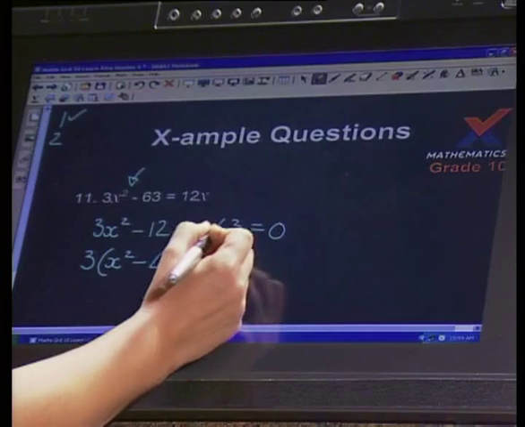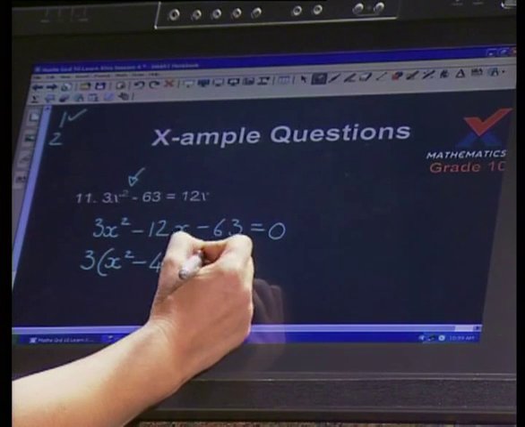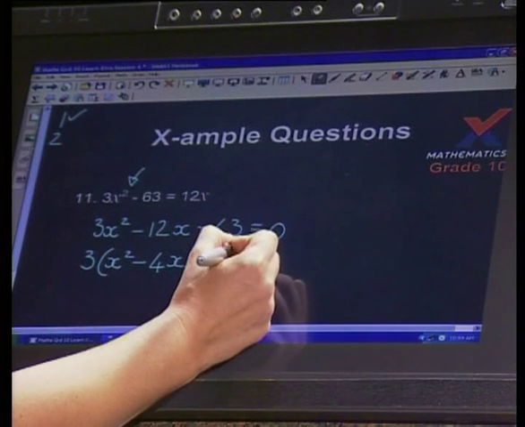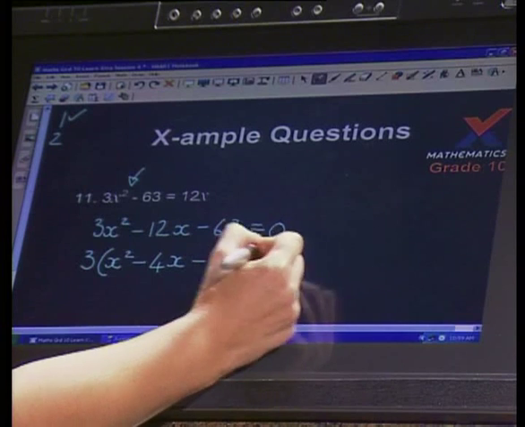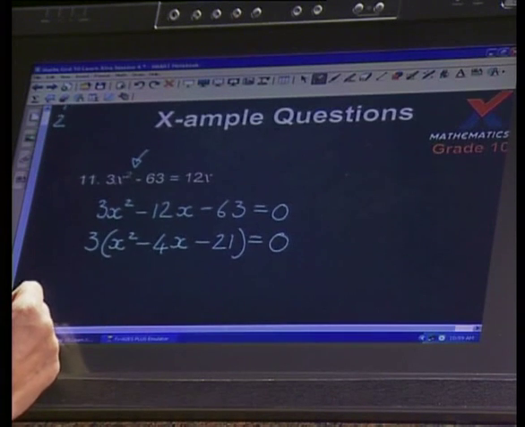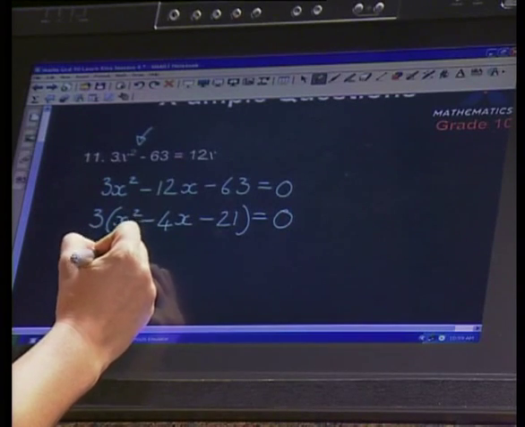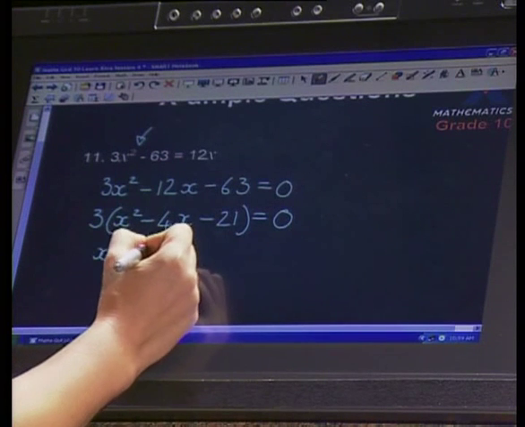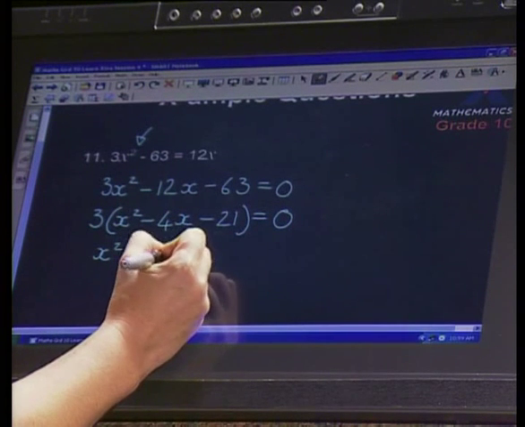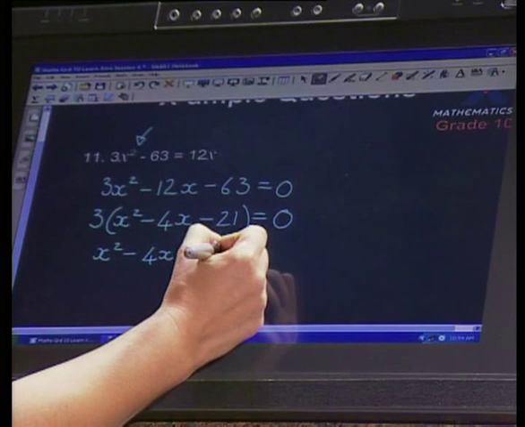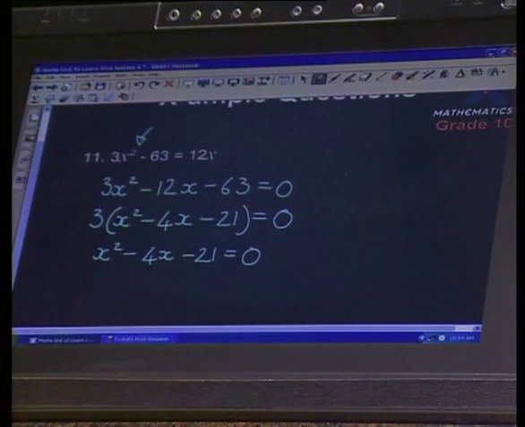And what is 63 divided by 3? 21. Okay. What is that sneaky thing I can do now to get rid of the 3? Well, I divide both sides by 3, and as a result, I'm left with x squared minus 4x minus 21 is equal to 0. A far easier problem to tackle.